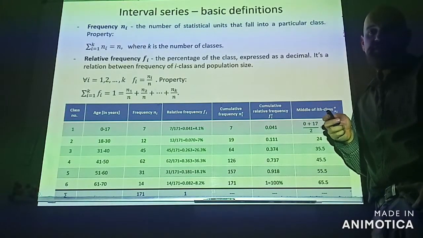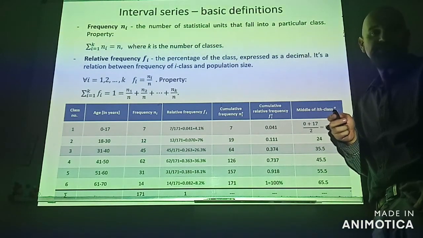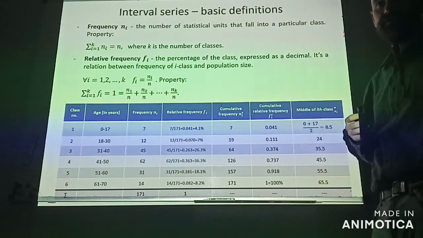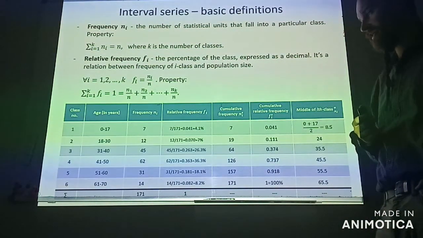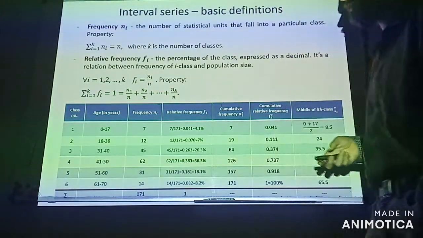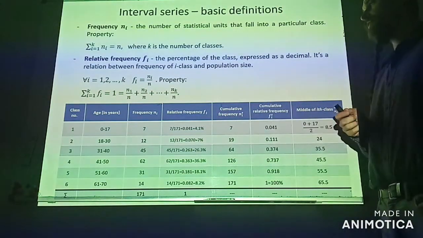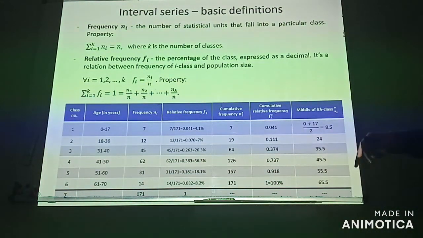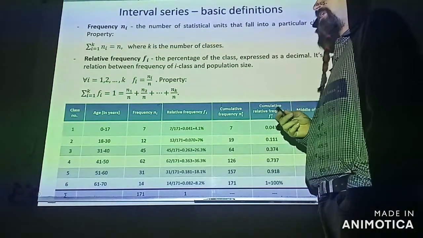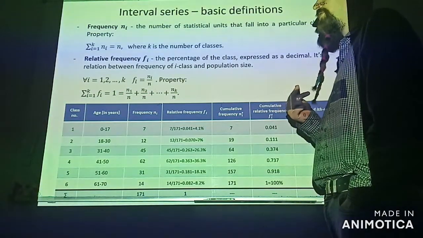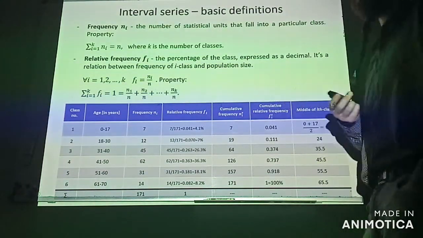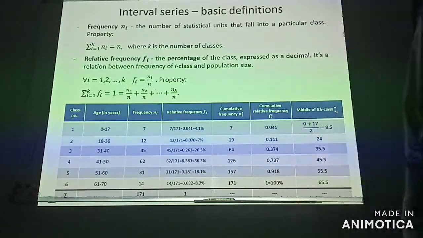The best learning is through practice. So on purpose I didn't read these dry definitions. I have shown you how to operate with these categories in the table, in practice. But I encourage you to read these definitions, because we have the formal notation of the properties of the indicated categories in an interval series.